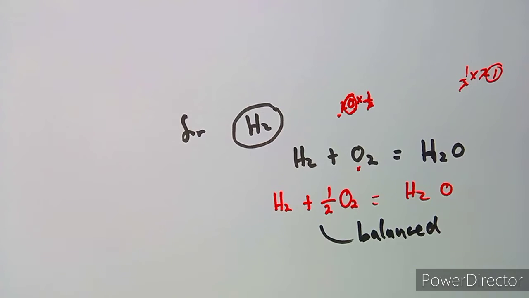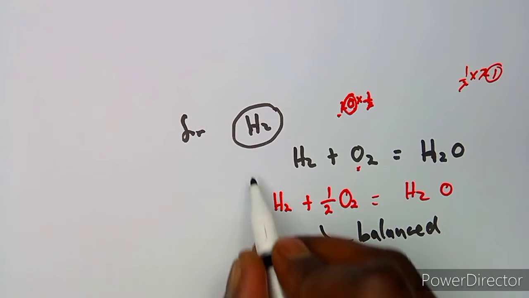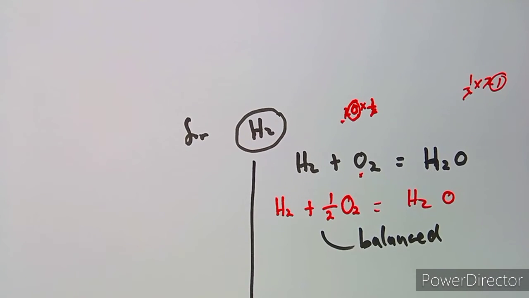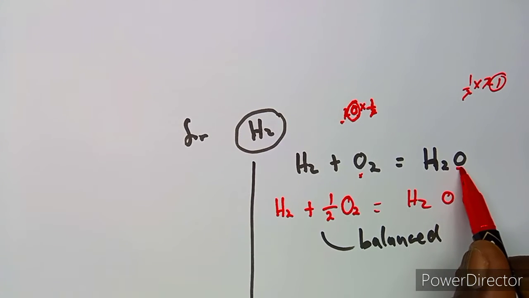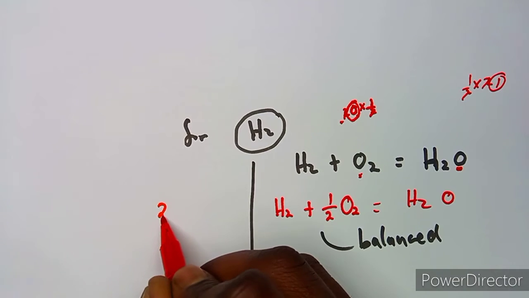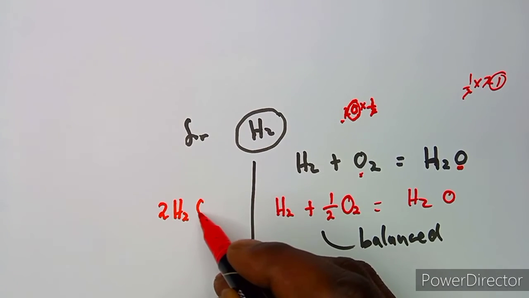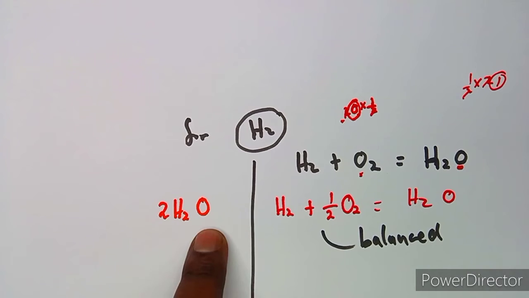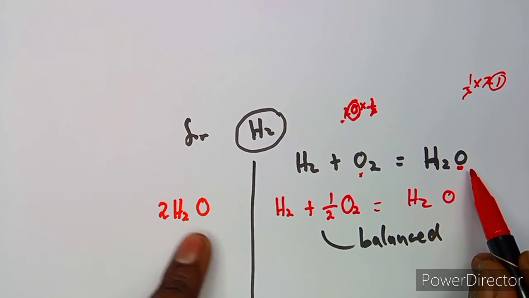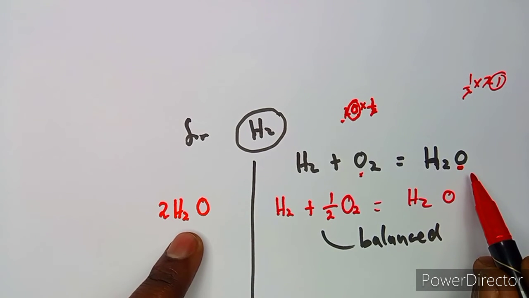Let's see how we could balance this again. It's not a one-sided type of equation, because someone can choose this. Since here there are 2, if I am to make them 2 here, I have to multiply by 2. But take note what is going to happen. This is going to be 2H2, which means now the oxygen is 2, but the hydrogen is now 2 times 2, which is 4.